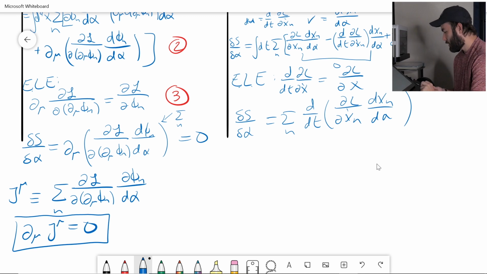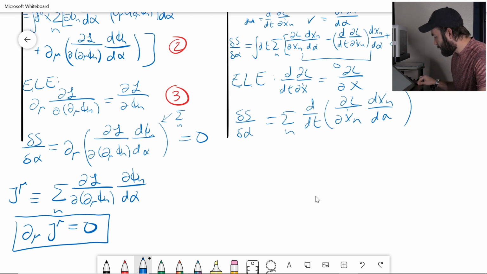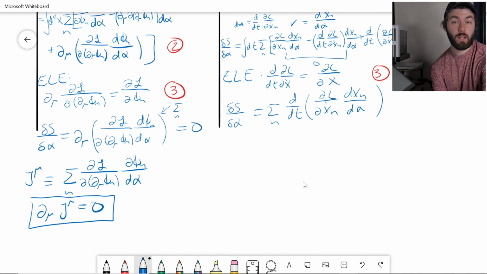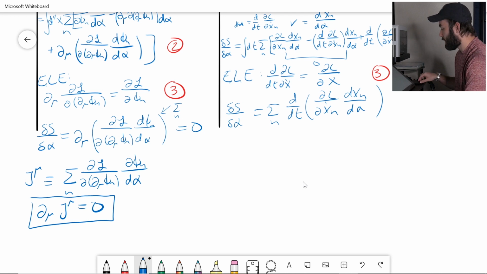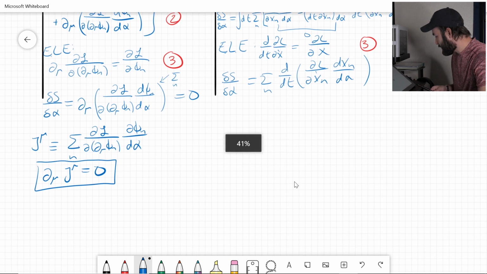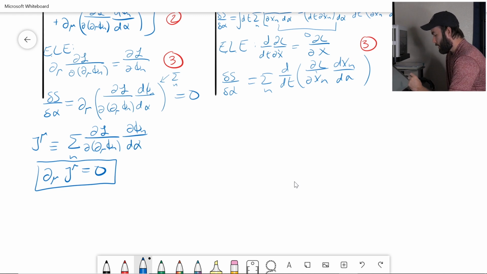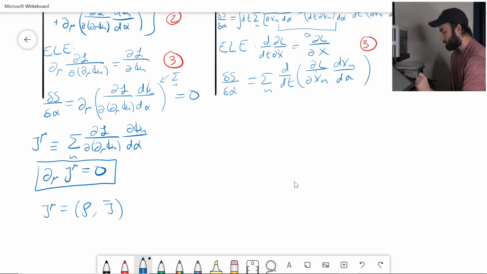Okay. Now, what is this equation? Why do we say that this is like a conservation law? Well, for one, it's a divergence. There's no source pouring things in here that's not compensated by a sink. But one thing that you could do, since these are densities, because we haven't integrated the Lagrangian density, is to say j^mu is equal to some density and maybe some current density that I'll call j vector.